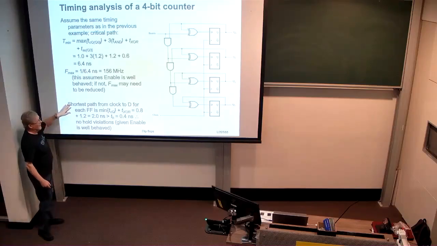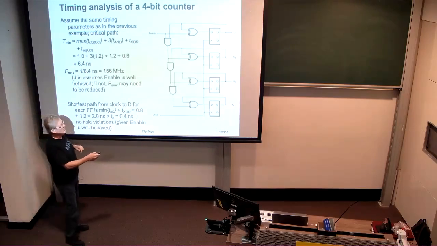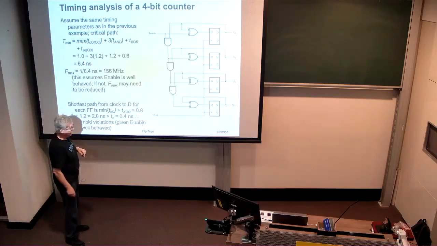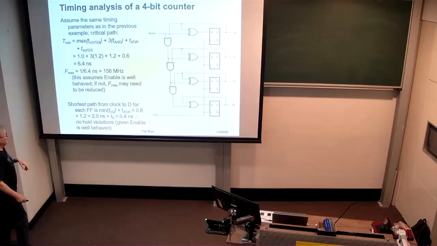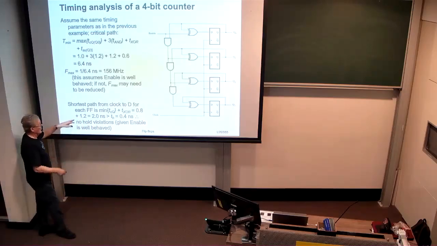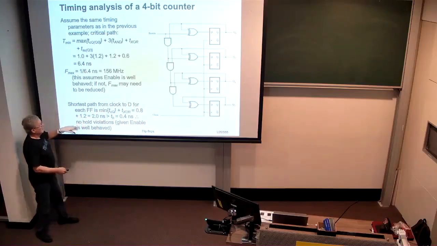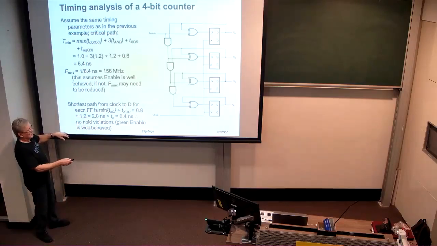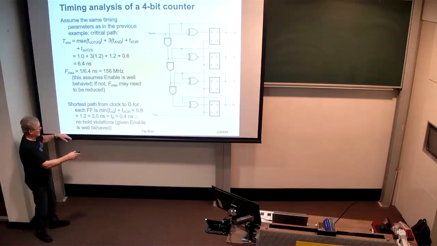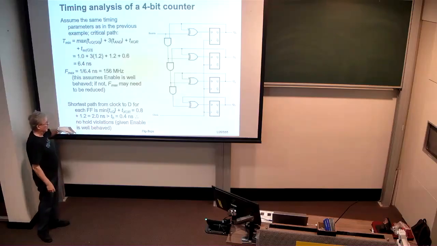The shortest path from a clock to a D input is from this flip-flop here through the AND gate, through this exclusive OR gate to this one here. So we have the minimum TCQ, which is 0.8, plus the 1.2, sorry, I forgot the shortest is the path just from one flip-flop output to the input.